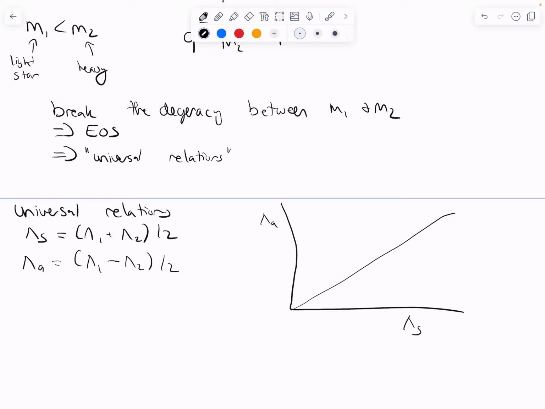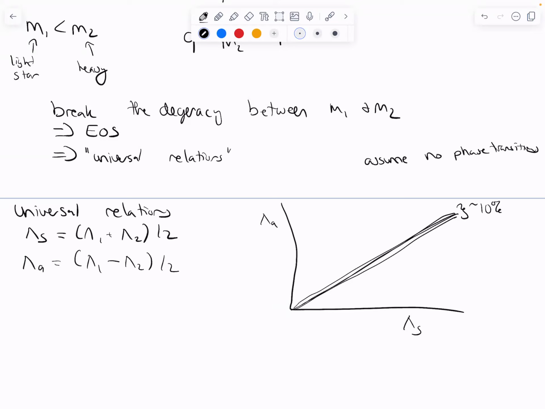Now, if I do many equations of state, assume no phase transitions. If you don't have any phase transitions, you get more or less about a 10% difference between them.